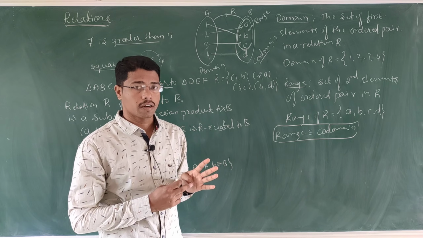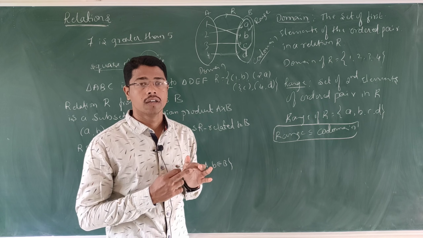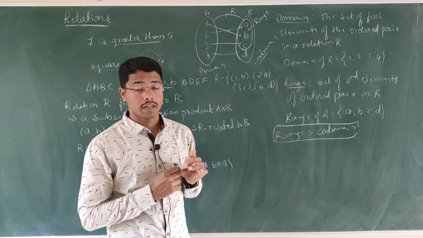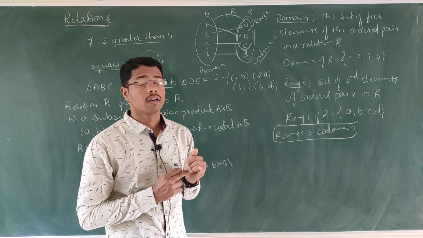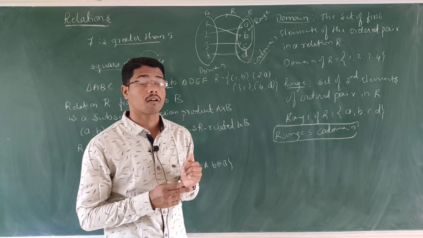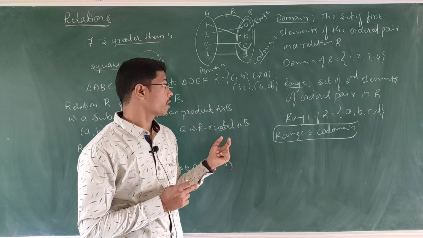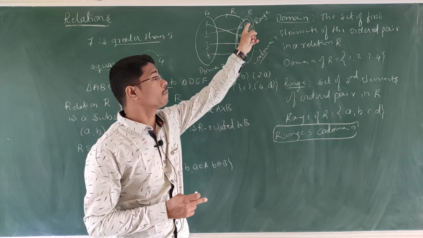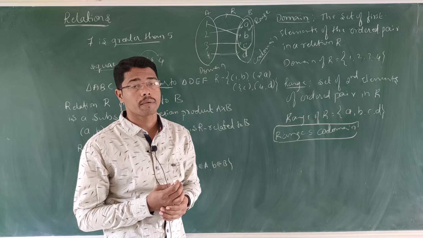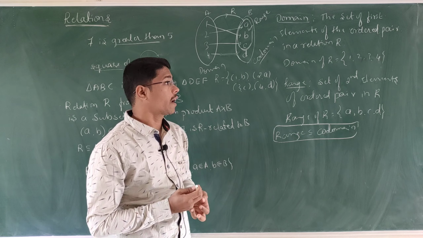So a relation is a subset of the Cartesian product, and the domain is the set of all first elements of the ordered pairs in a relation R, and the range is the set of second elements of the ordered pairs. The codomain is the set B, and the range is a subset of or equal to the codomain always.